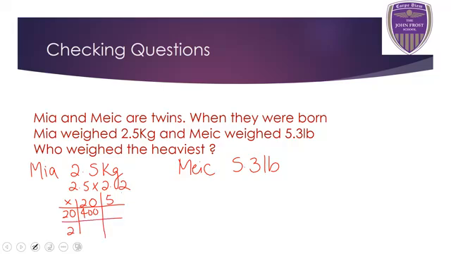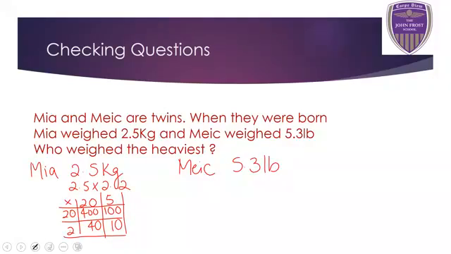Put some extra lines in. 20 times 5, well 2 5s are 10, add the extra 0. 2 times 2 is 4, add the 0, 2 times 5 is 10.